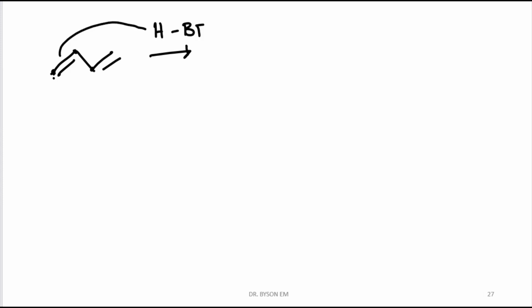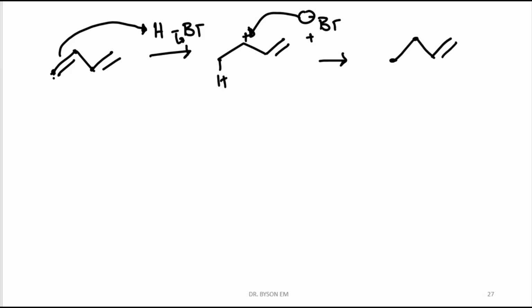The first reaction that occurs is this. This goes, and then it will react like this. The H will come here. This will be positive. The bromide in solution, which is negatively charged, will come and attack there. So this will be the 1,2. So this is the 1,2 addition.